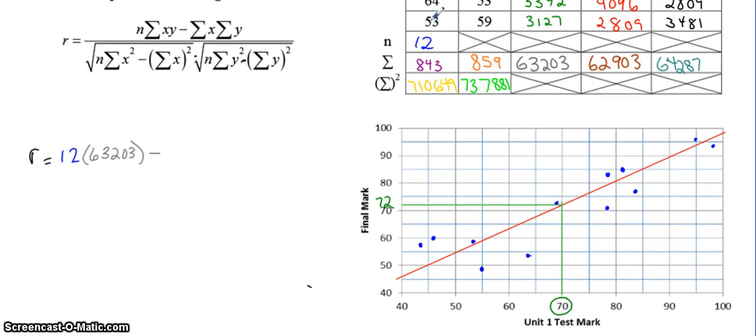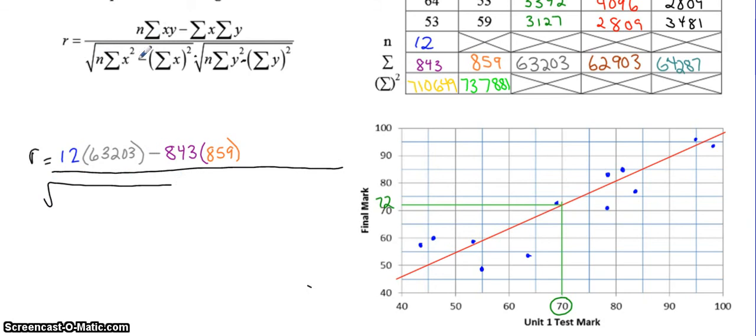This was the x column, so the sum was 843, times the sum of the y's. This was the y column, so the sum is 859. This is all over, and you've got two big square roots.